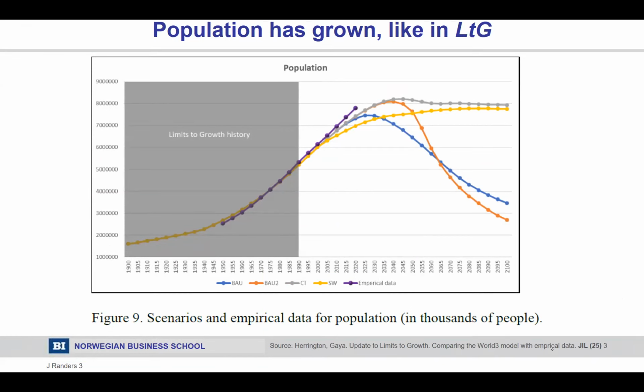50 years after the Limits to Growth, we can conclude that the world has followed basically the forecasts of the scenarios in the Limits to Growth book.